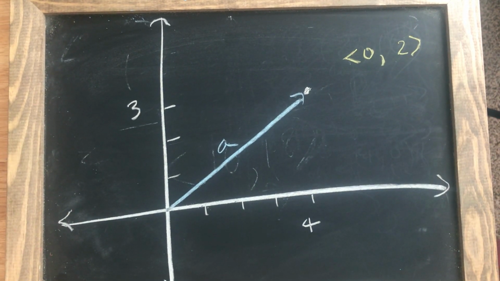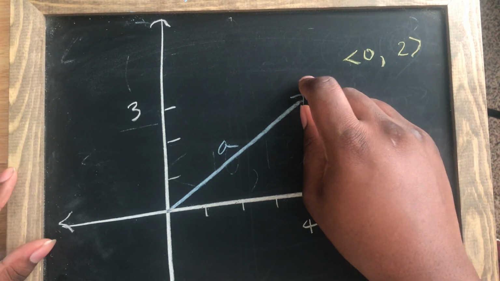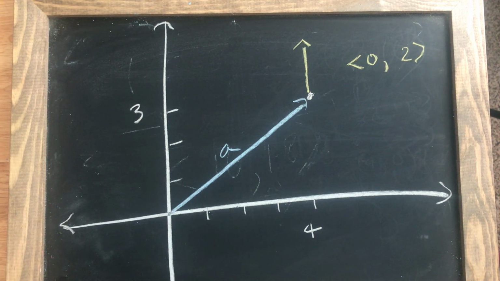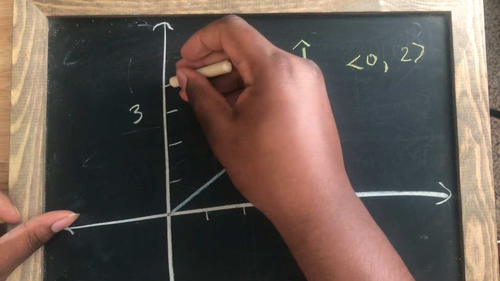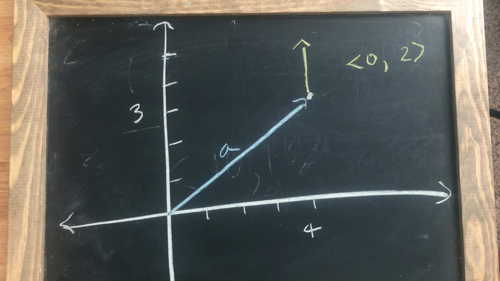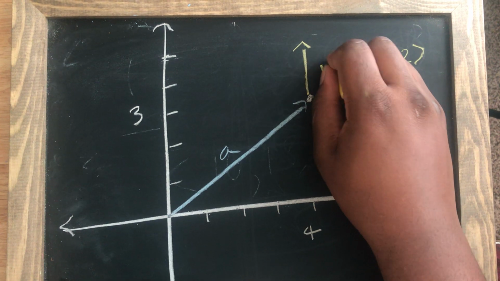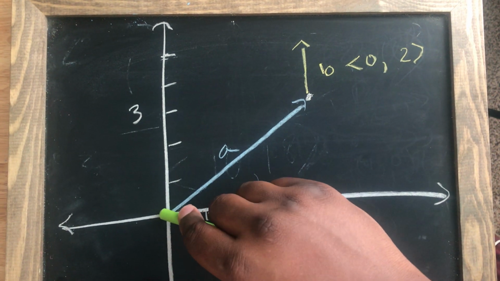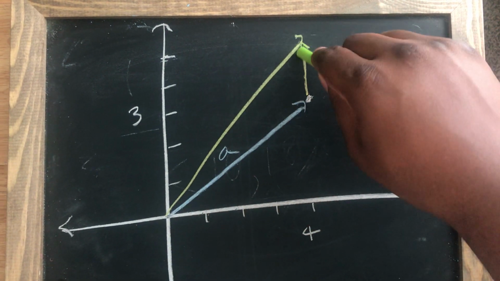Now, what does (0, 2) mean in terms of a vector? Well, think about it. It means we're not going anywhere in the x direction, but we're going to go up 2. So obviously, it terminates at (4, 5) if we're adding these two together. And we want to figure out what the vector is when we add them together. In other words, we want to find this green vector that starts here and ends here.